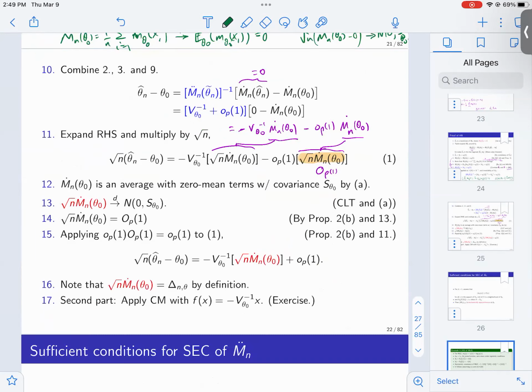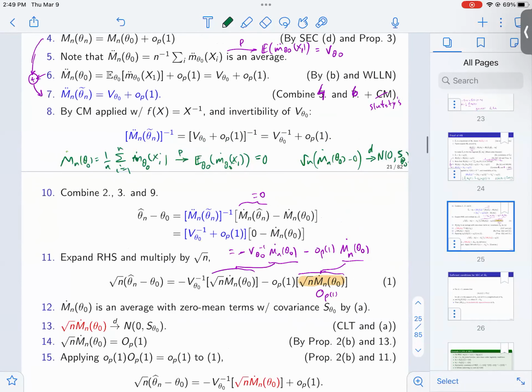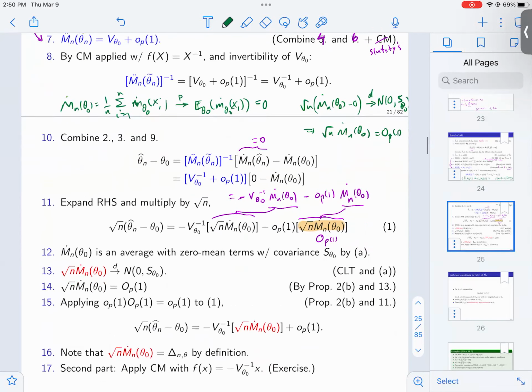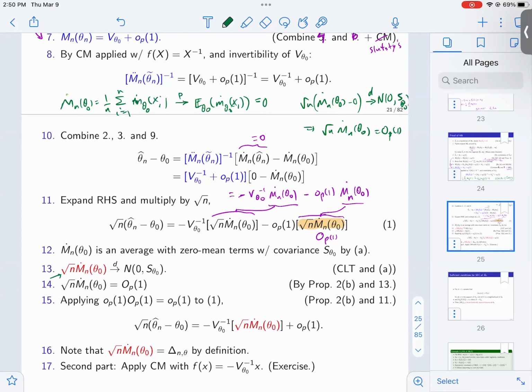So from this we also get that root n m dot theta naught is big OP of 1, the reason being that convergence in distribution is stronger than being uniformly tight. So this really is big OP of 1, and times the little OP of 1, the product is going to be little OP of 1. So this part is the CLT, and this is from uniform tightness. Sorry, convergence in distribution implies uniform tightness.